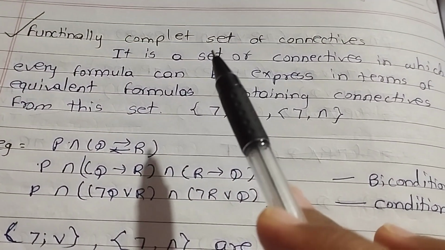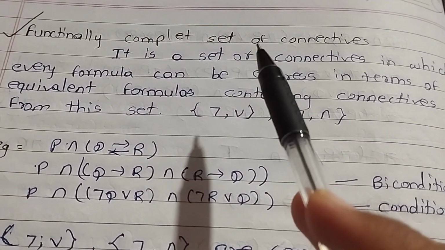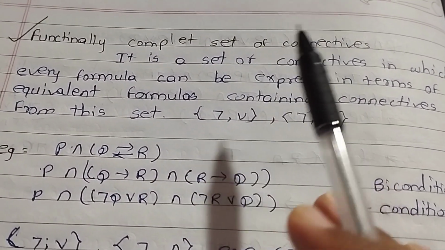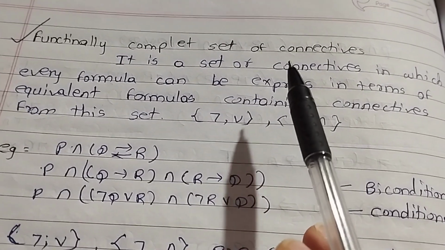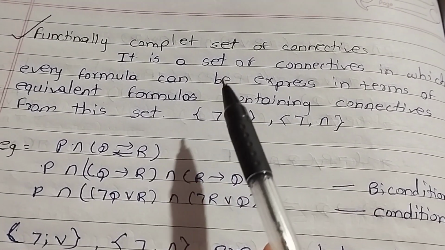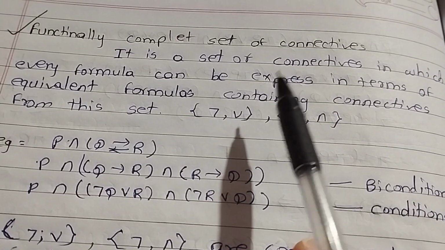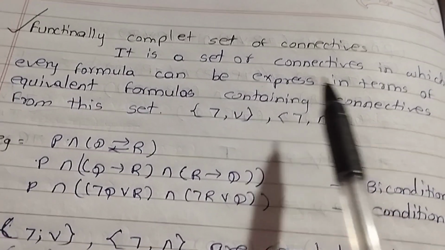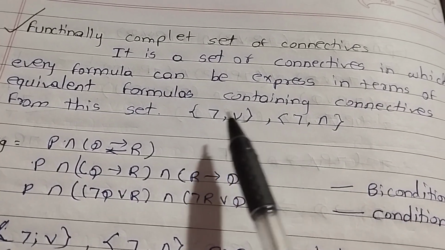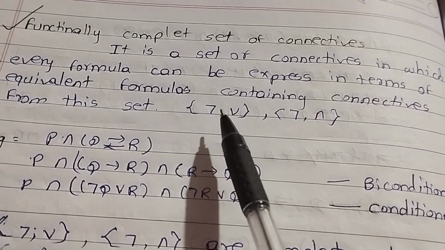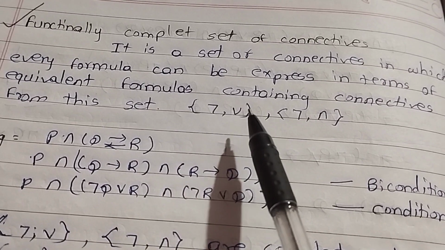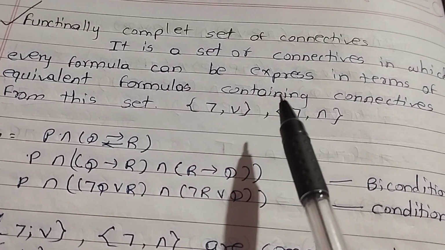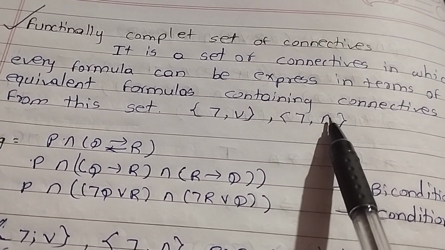Now the next concept is the functionally complete set of connectives. It is a set of connectives in which every formula can be expressed in terms of equivalent formulas containing connectives from this set. Means the set of negation OR and negation AND.